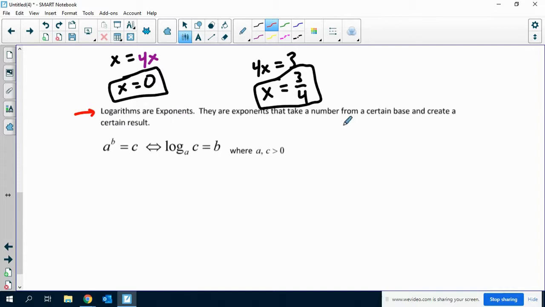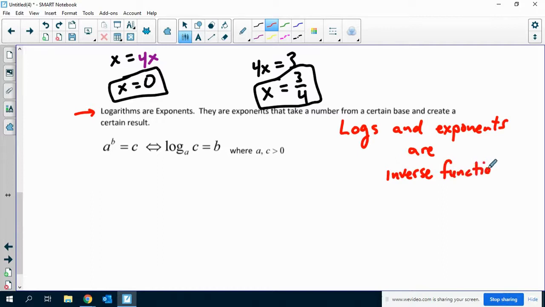So one thing that we'll talk about a lot is that logs and exponents are inverse functions. So they're actually ways of undoing each other. So let's take a look.